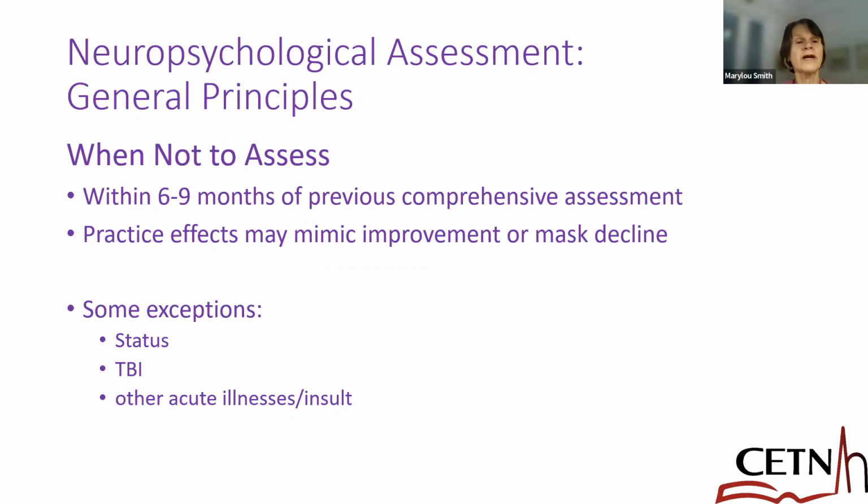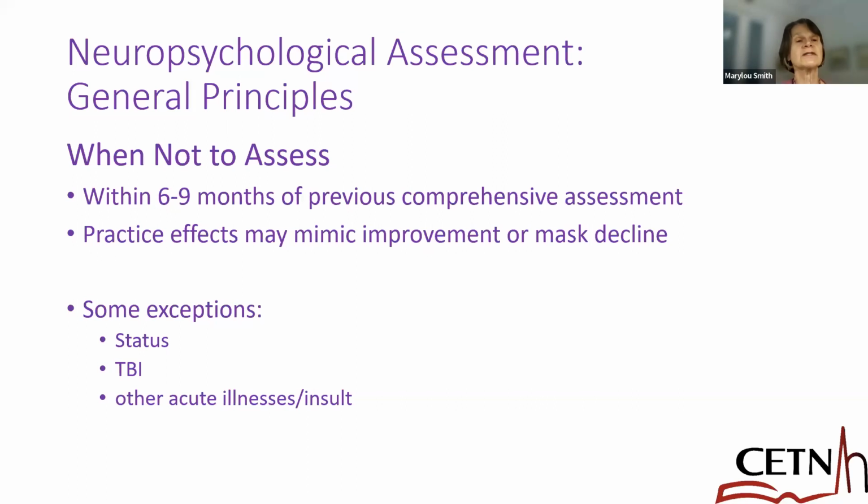So first of all, when not to assess? Well, if the patient has had a previous neuropsychological assessment within the last 6 to 9 months, we don't like to retest. And that is because there may be practice effects, and these practice effects can either mimic improvement or mask decline, and therefore give us a false sense of what's happening with the patient.